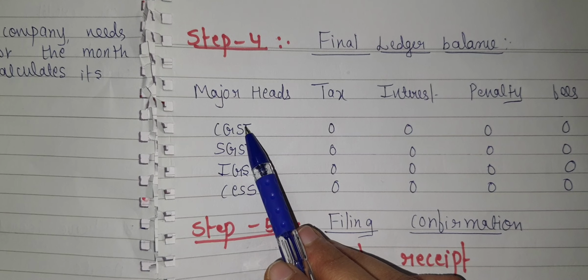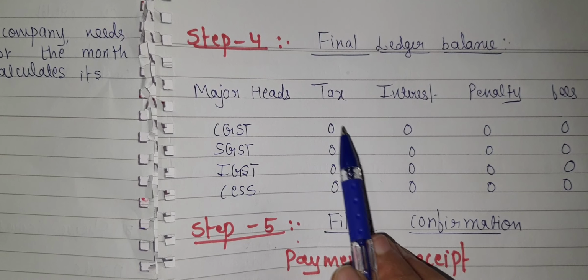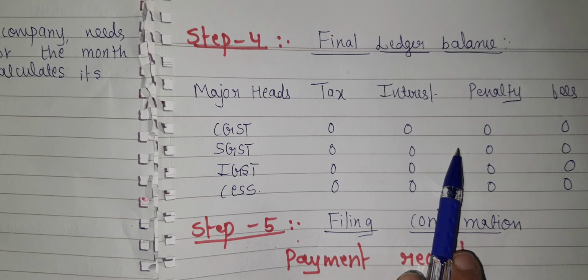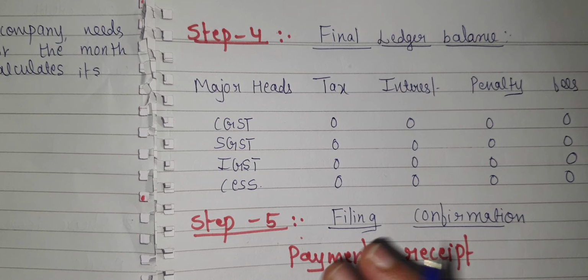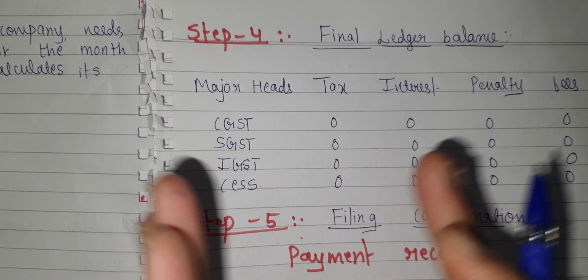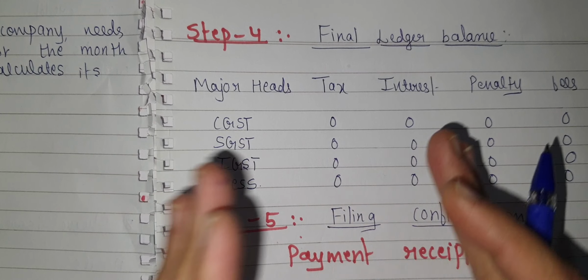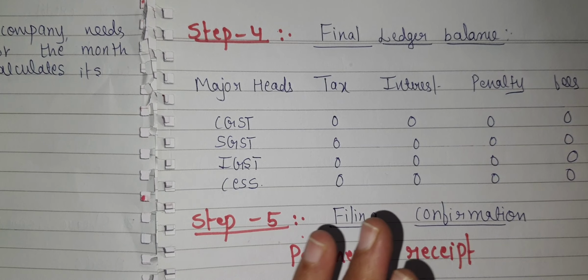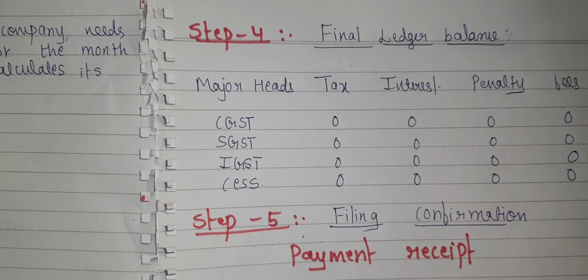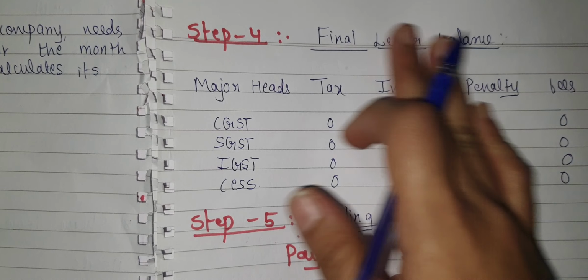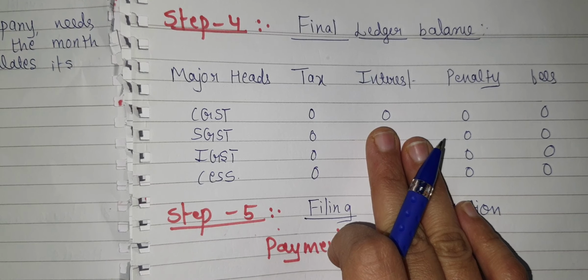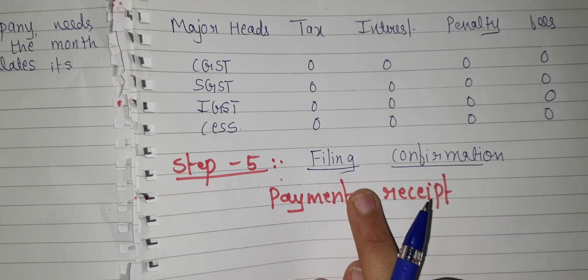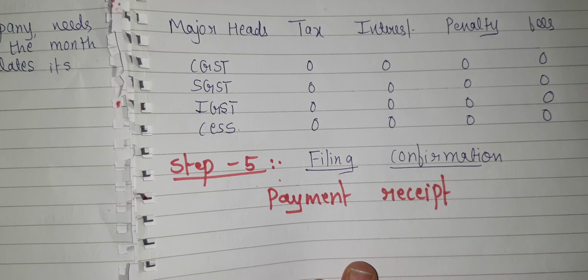See here, CGST, SGST, IGST, cess are all 0 because we have utilized the funds for the payment of tax liabilities and late fees, totally rupees 1,30,500. So this is the final ledger balance. Okay, and step 5 is filing confirmation.